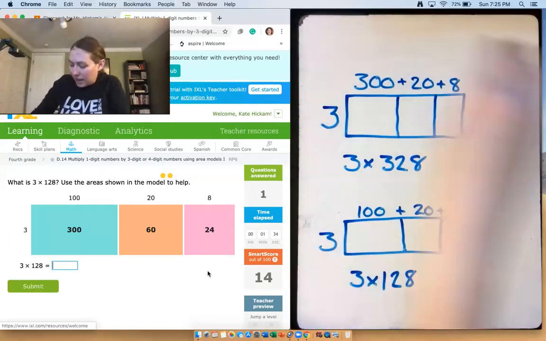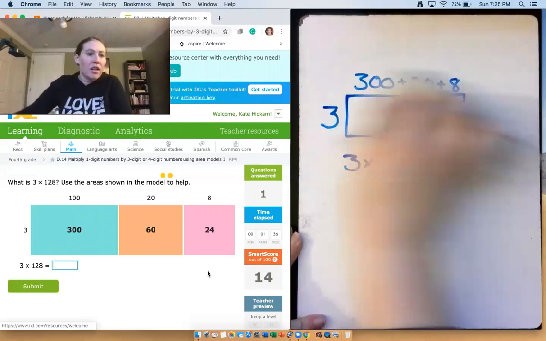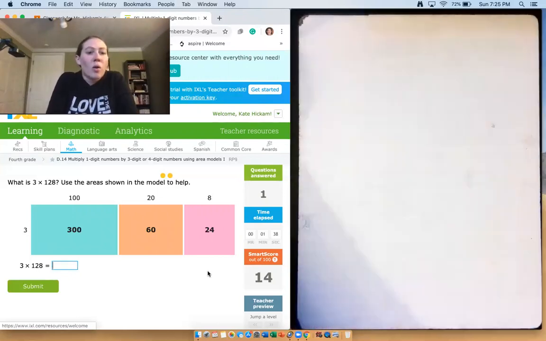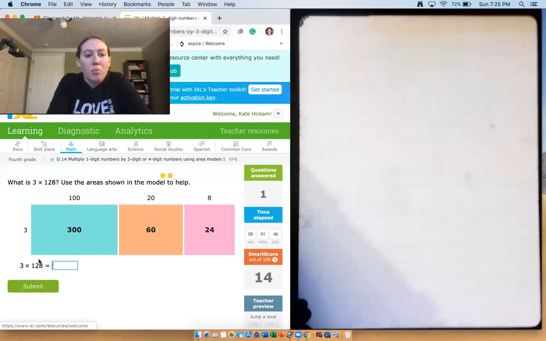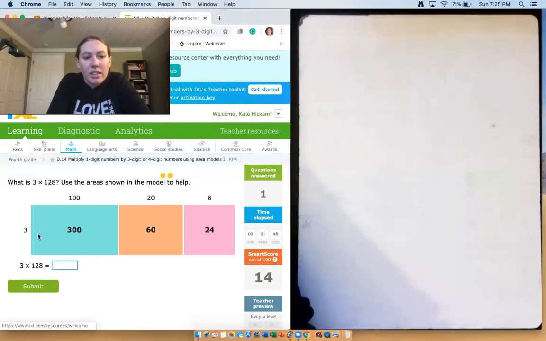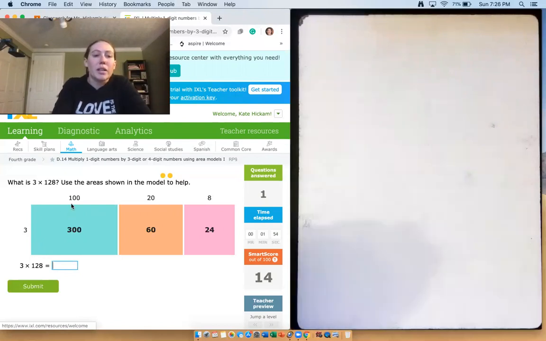Working on this next one, it says what is 3 times 128? Use the areas shown in the model to help. Well, they already gave us the answers in here, and we know when we have an area model, we do the equation inside. So 3 times 100 equals 300, 3 times 20 equals 60, and 3 times 8 equals 24.